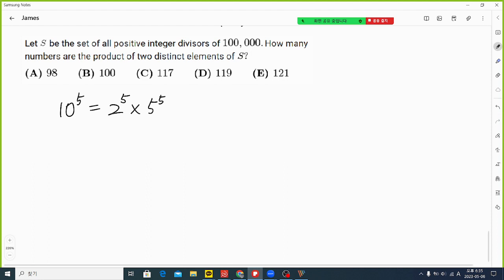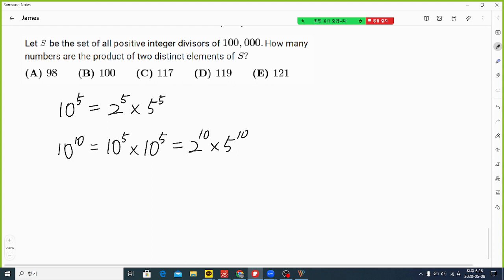And when we multiply these factors, the maximum number we can get is 10 to the 10th power, because the maximum number will be obtained by multiplying 10 to the 5th power, and this means this maximum number will have 2 to the 10th power and 5 to the 10th power.